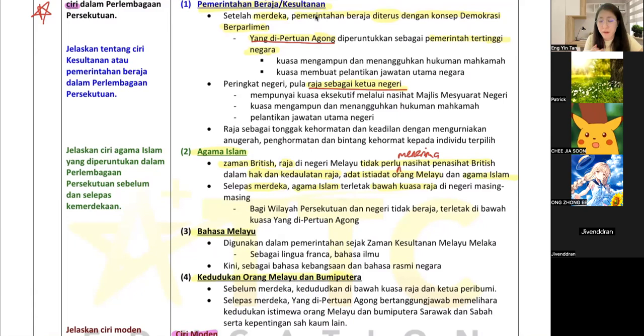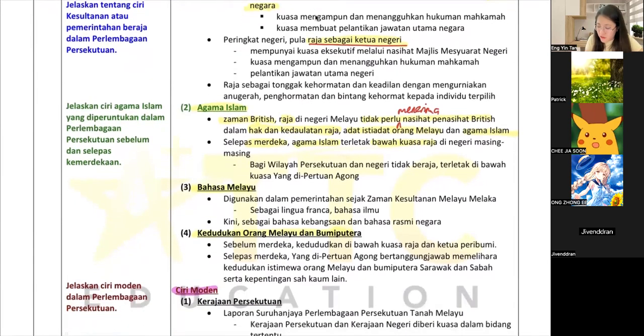Speaking of bahasa Melayu, starting from Malacca, bahasa Melayu was actually quite important. It's a trading language, lingua franca, and the language of knowledge. Today, same thing: bahasa kebangsaan, bahasa rasmi.